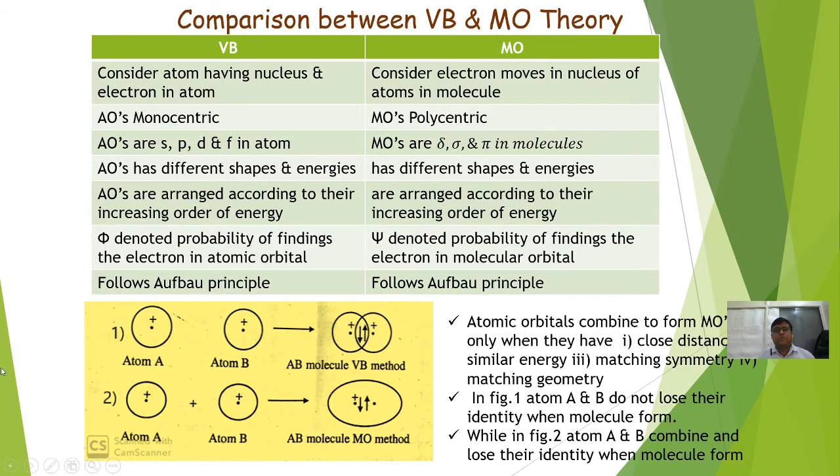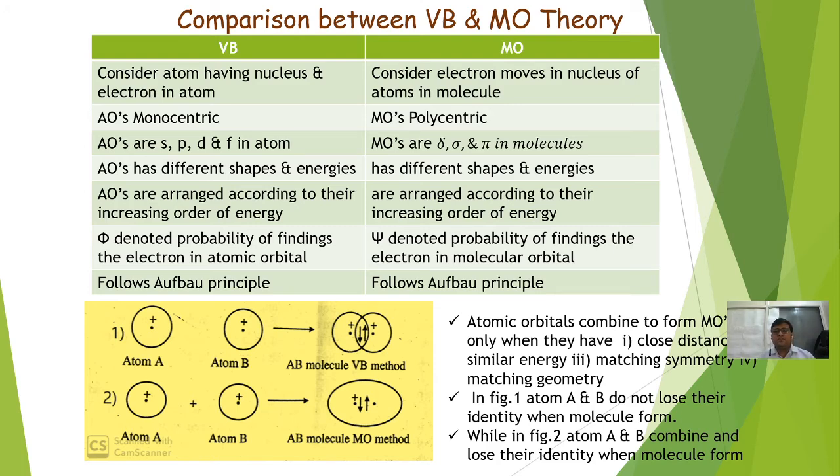Now, let us see the comparison between the valence bond theory and molecular orbital theory. Valence bond theory tells us the atom has a nucleus and the electron remains present in it.